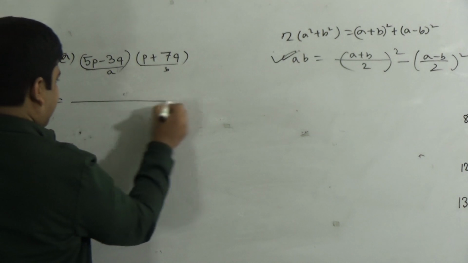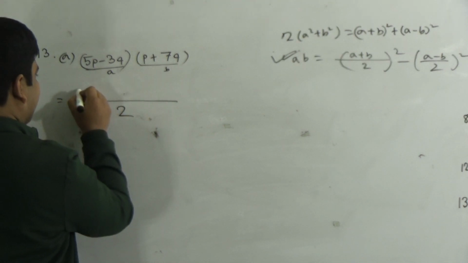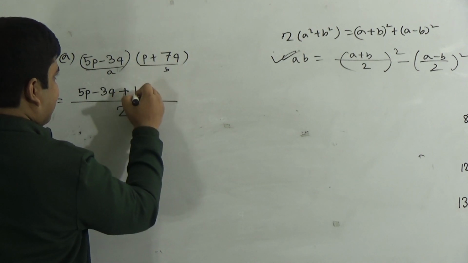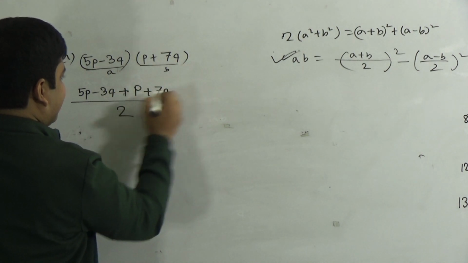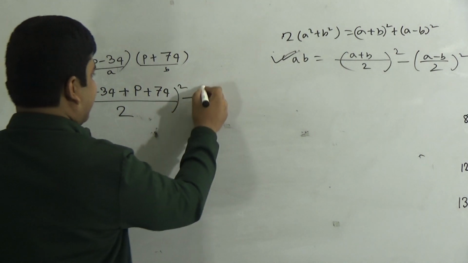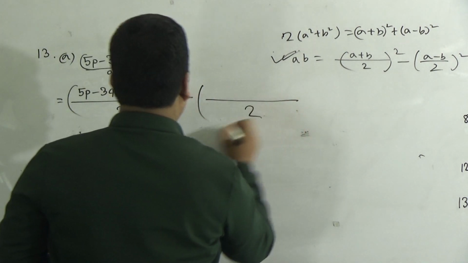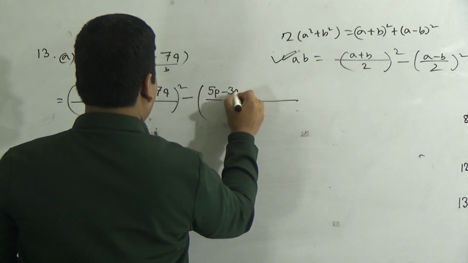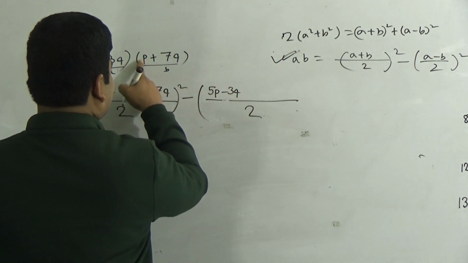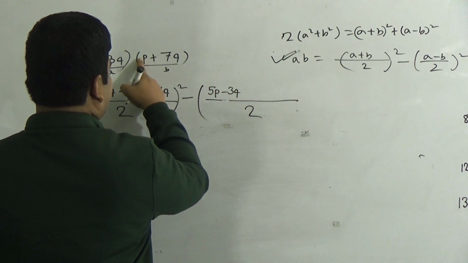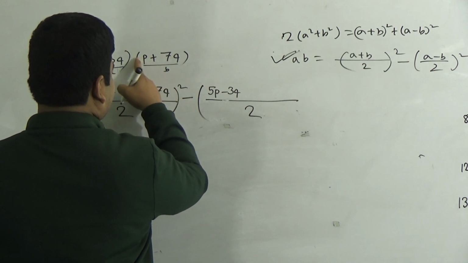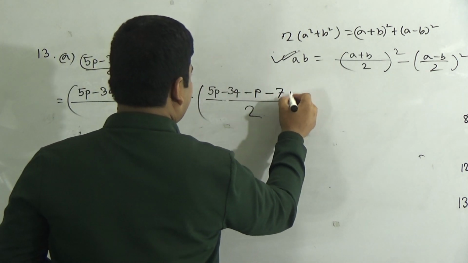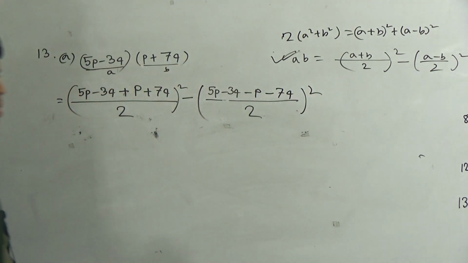So here a plus b, that means (5p minus 3q plus p plus 7q) whole square, minus a minus b. Here a means 5p minus 3q, minus b. Minus means both signs change, that means minus p minus 7q, whole square.